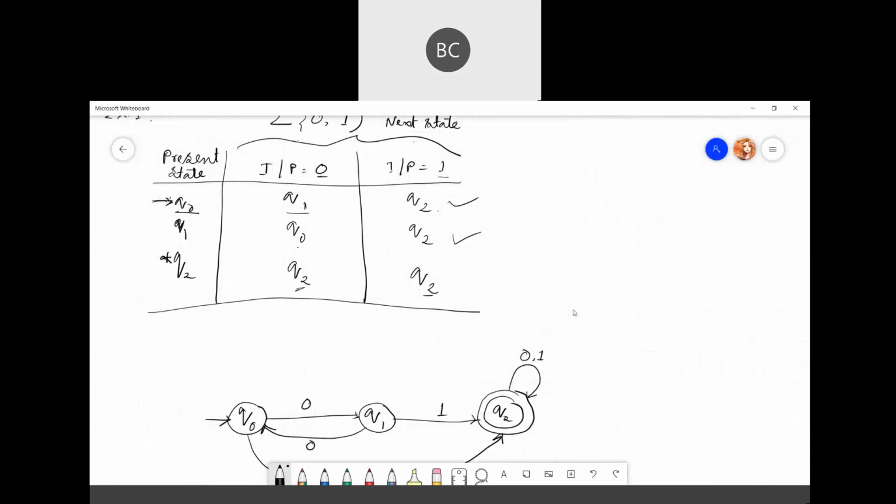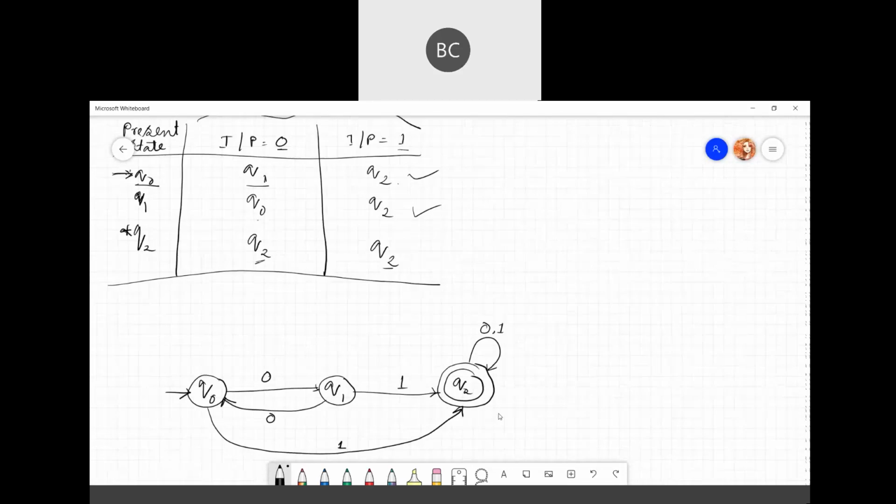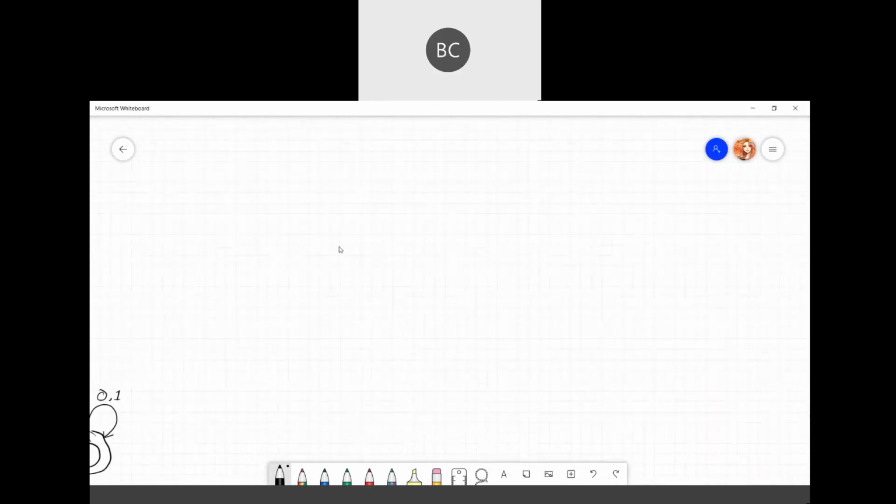So I move to the next one. This time I'll give you the diagram, then you have to make the table. This time I'm just giving you a diagram.